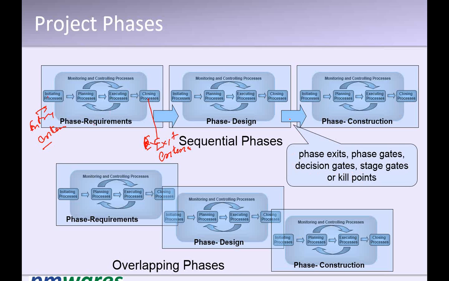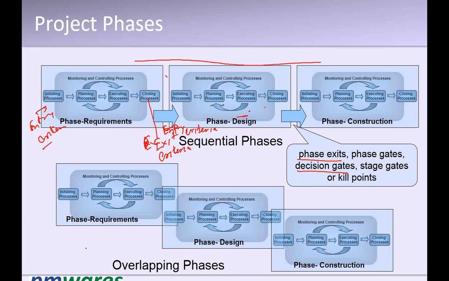That is actually a check which verifies that sufficient outcomes are there from the previous phase and the entry criteria of the next phase are met, so that the next phase can be started. So these checks ensure that the entry criteria of the next phase and the exit criteria of the previous phase are met. Now this may also not be so practical.